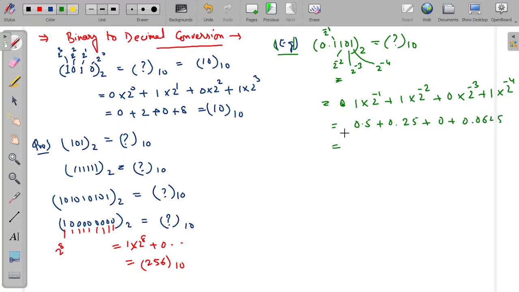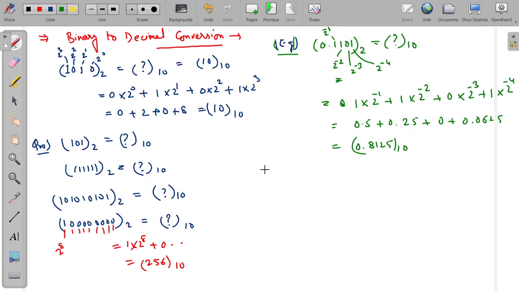Check if the calculation is correct. Check. Okay, and this would be 0.8125 in decimal.